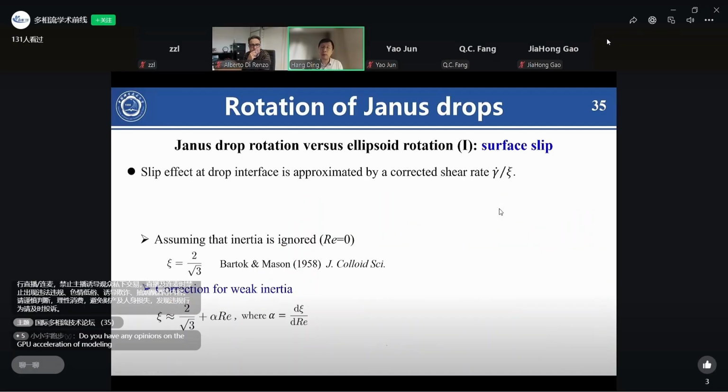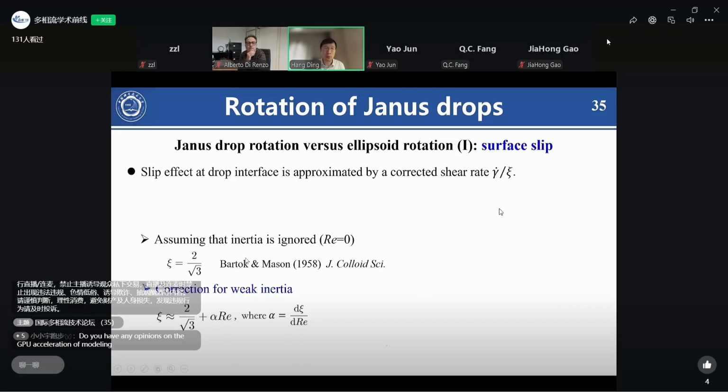In order to correlate our relation with the Jeffery theory, here we have the Janus droplet. In Jeffery's case, that's particles. What's the difference? The difference is that at the surface of the Janus droplet, you would have surface slip there. So what we want to do is, can the slip effect at the interface be approximated by a corrected shear rate here?